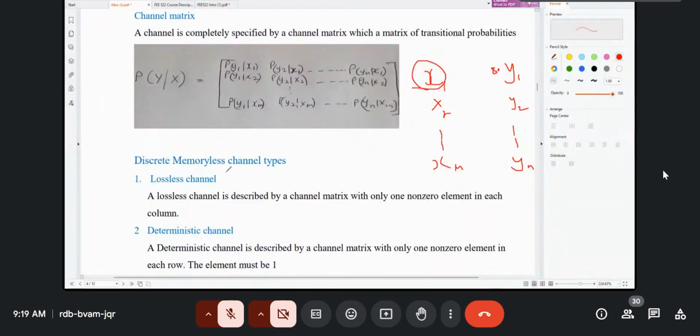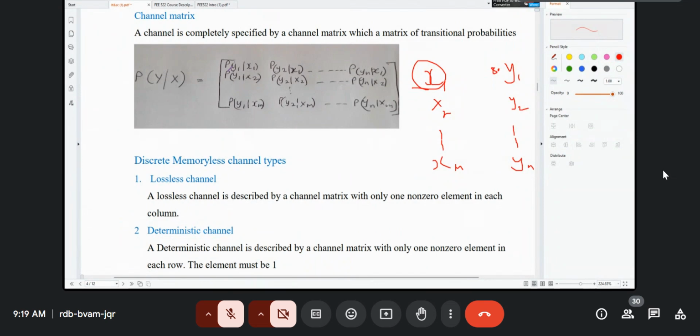So this is a very important matrix because we are able to predict the output given the inputs.